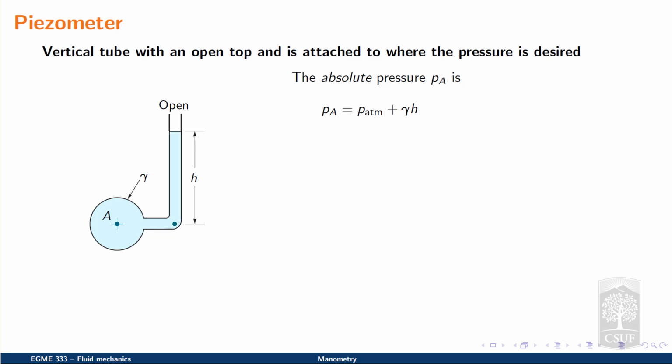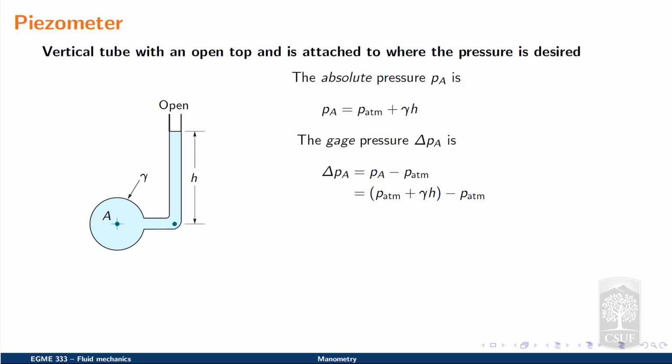Note that if we wanted to determine the gauge pressure of point A, delta P sub A, then we can compute the gauge pressure by taking the absolute pressure at point A, P sub A, and subtracting the atmospheric pressure, P sub ATM.